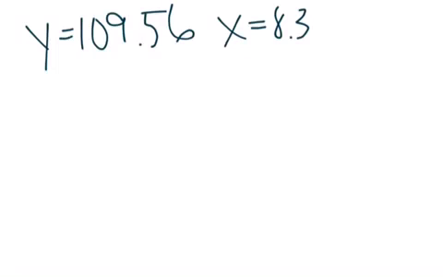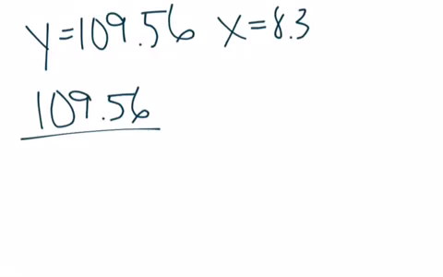So the same thing, y1 over x1 equals y2 over x2. It gives you the first one of 109.56, that's our y1 value. Our x1 value is 8.3. And it's going to equal the x value, which is 2.2.